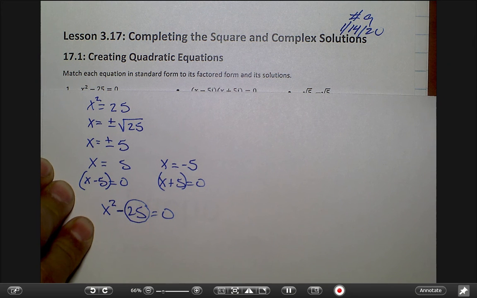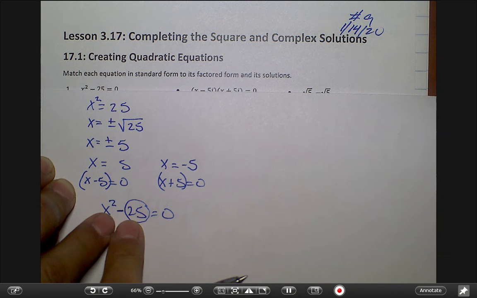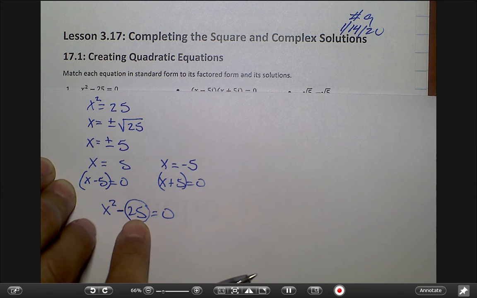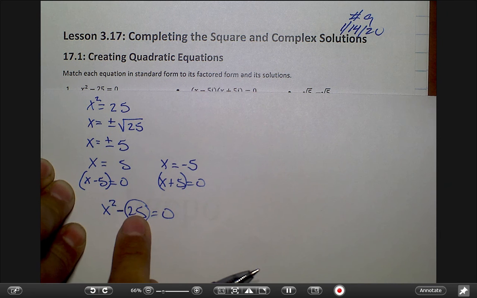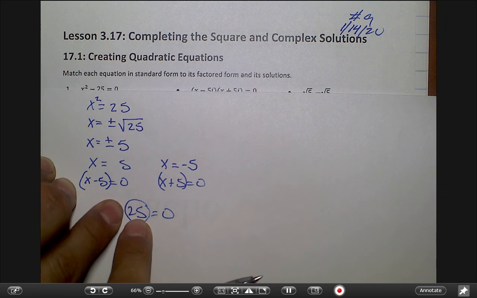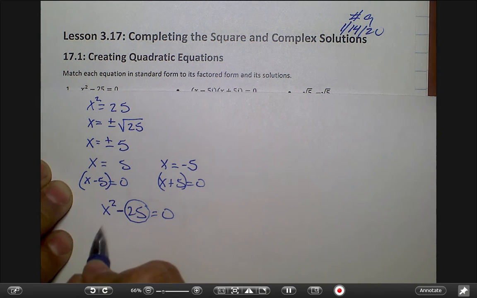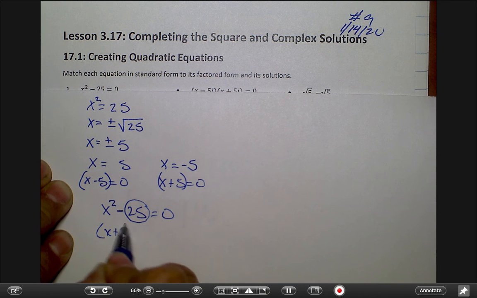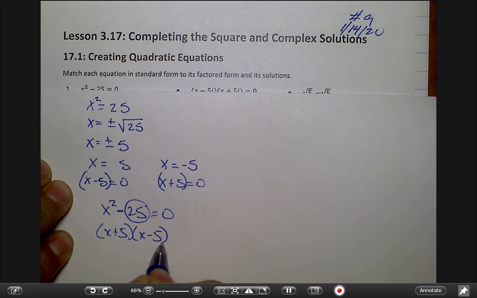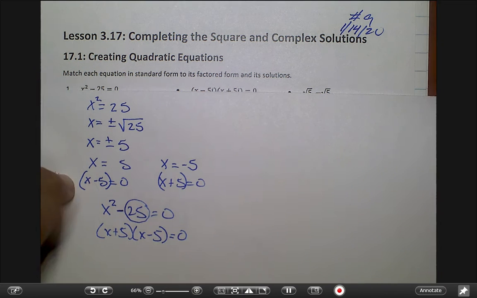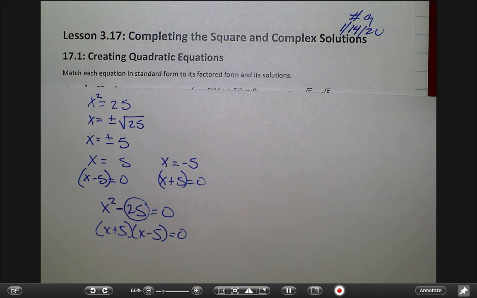The square root of 25 is 5, and difference of squares means they are different signs. So it's x plus 5, x minus 5. That's why it's called difference of squares.